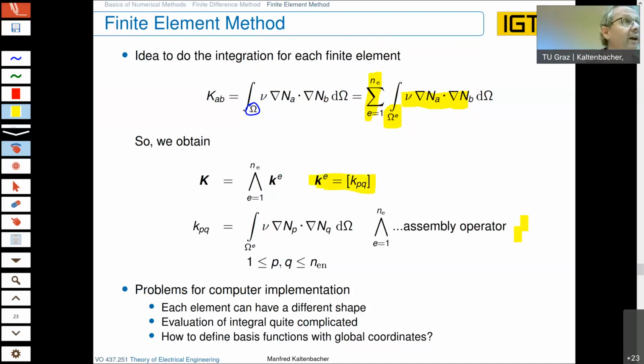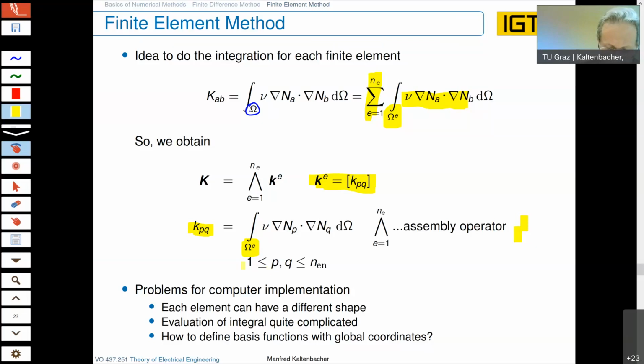That will help us in such a sense that you will always compute an element matrix. This is the small k. And you see the difference is just here. You just integrate over the element. And here you will never differ whether this is an element where you also include the boundary directly or not. You always compute this element matrix. If it is a triangle, it's a 3 by 3 element matrix. You have 3 nodes. In each of the nodes, you have a basis function NA and NB.